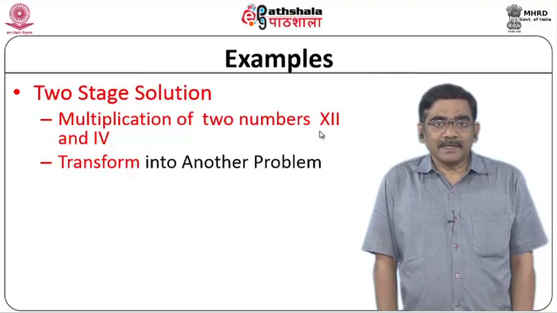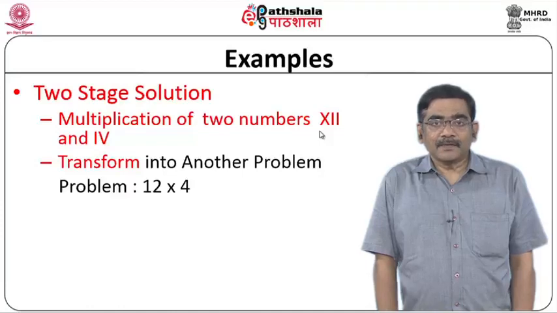We can convert this problem into another domain which is very convenient for us, that is, the Arabic system. So, we can convert these numbers as 12 into 4. Now this problem is very familiar to us because we are very comfortable with the Arabic system of numbers.